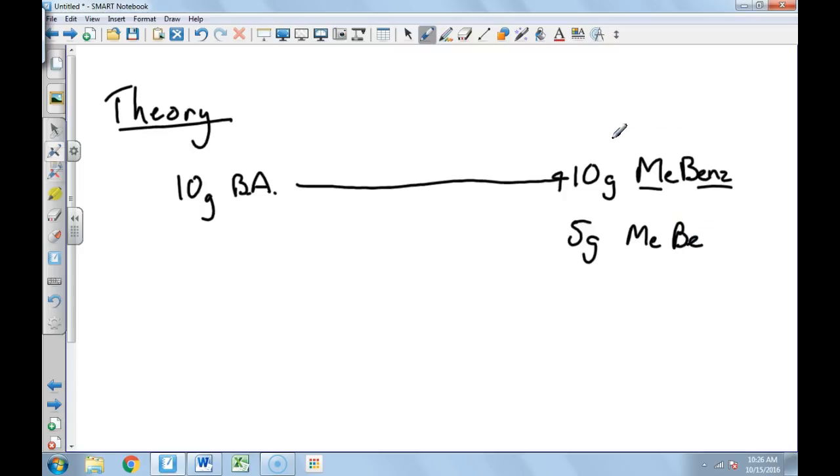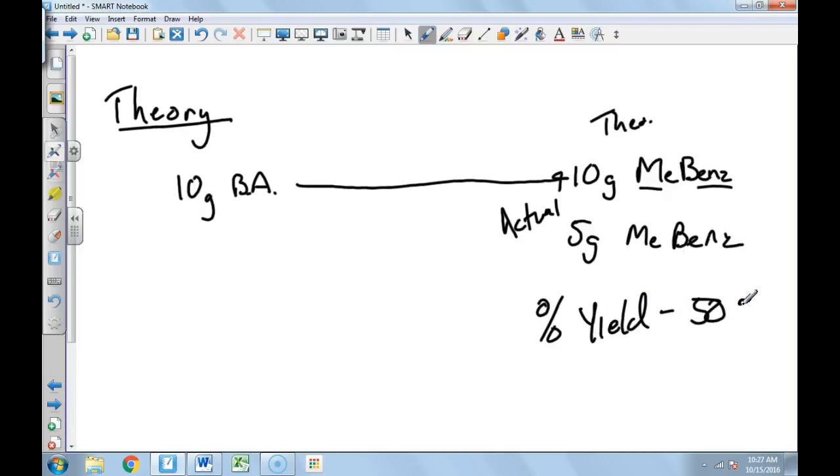This was our theoretical yield. This was our actual yield. Well, what is our percent yield? Our percent yield is 50%. We were supposed to make 10, we only made 5. That kind of makes a lot of sense.